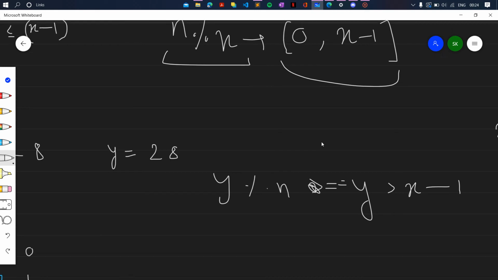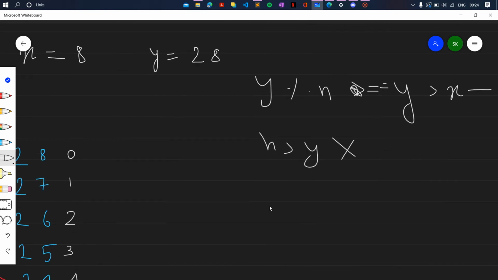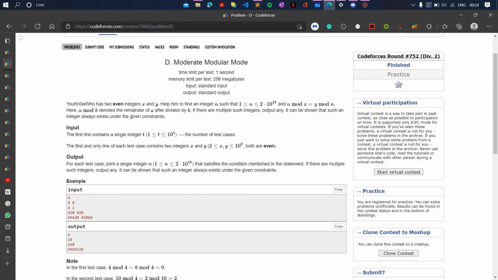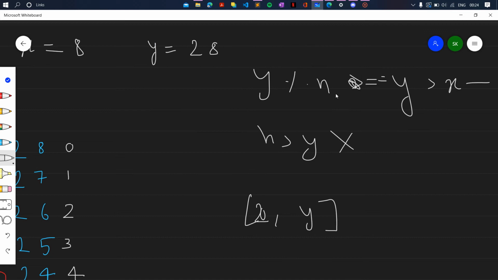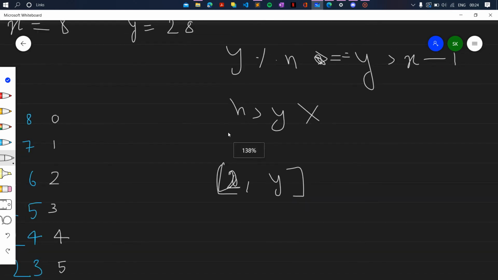So we can't take n greater than y. So the answer would be between 2 and y inclusive, because our constraints say the numbers are even, so the minimum is 2.